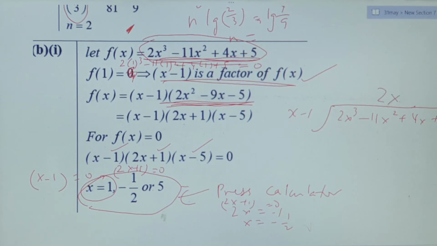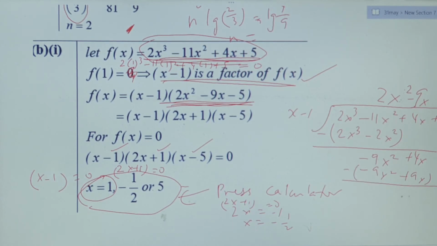Okay, 2x squared times this will be 2x cubed. This times this is minus 2x squared. Then you minus, you will get like that, right? Then you have minus 9x. So it's minus 9x squared plus 9x.